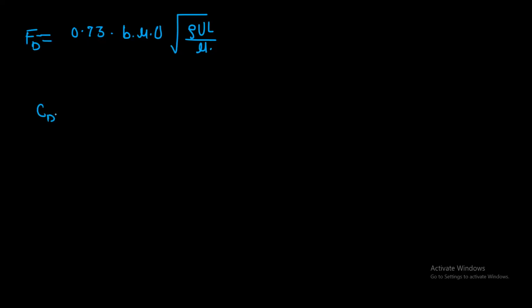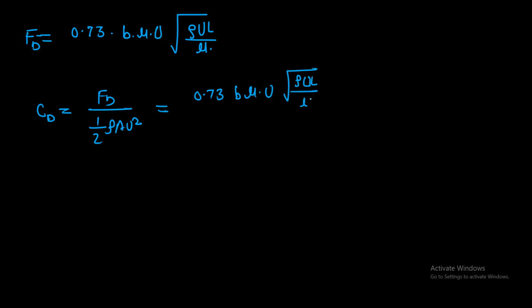And CD is equal to FD upon 1 by 2 rho A U square. So this is equal to 0.73 B mu capital U square root of rho UL divided by mu, upon 1 by 2 rho A U square.